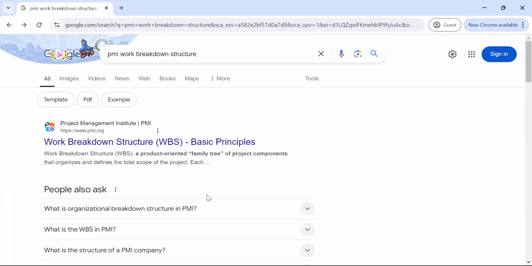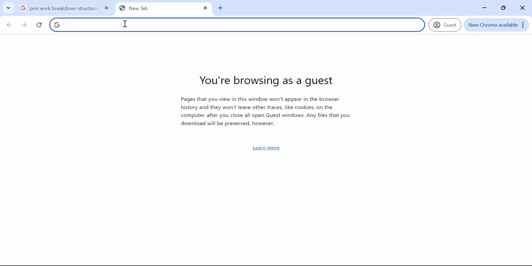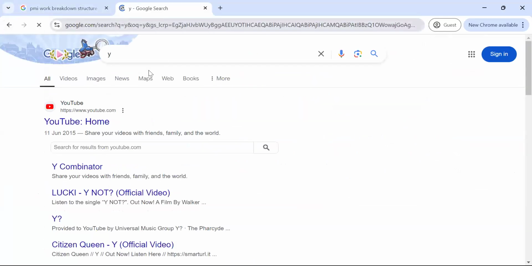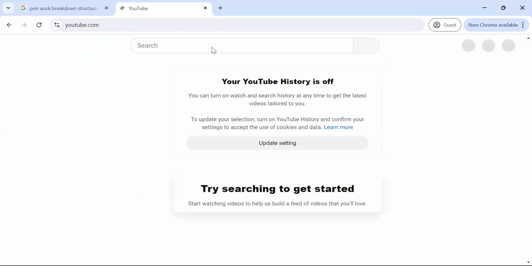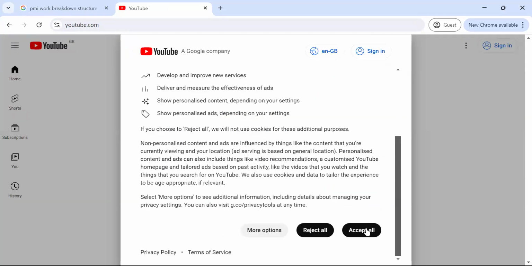It's quite good to look around the work breakdown structure. Or we have videos on YouTube, which are quite good to look around. We can show you as well, if you want to enhance further.